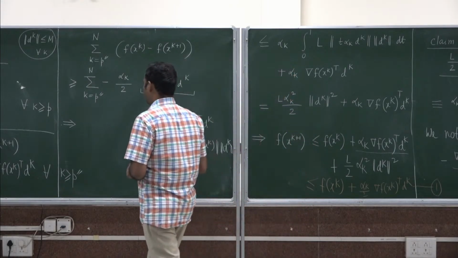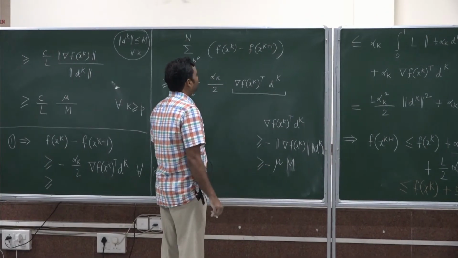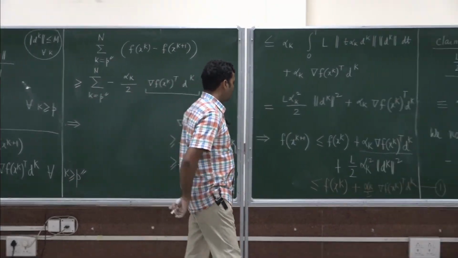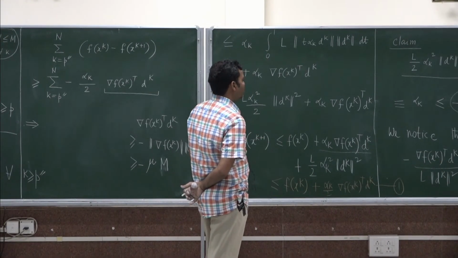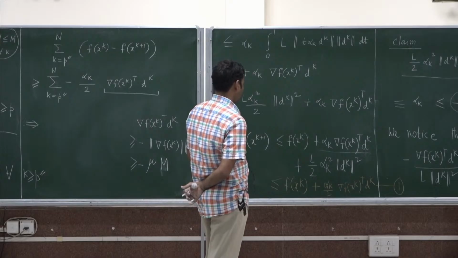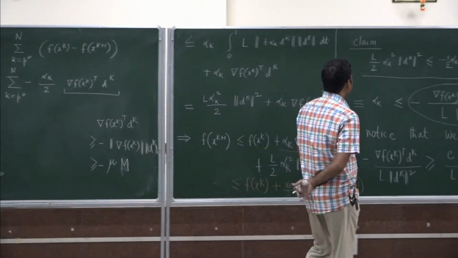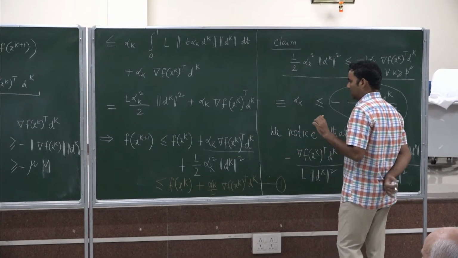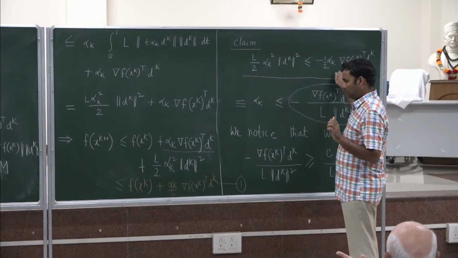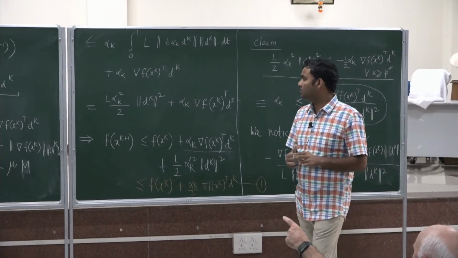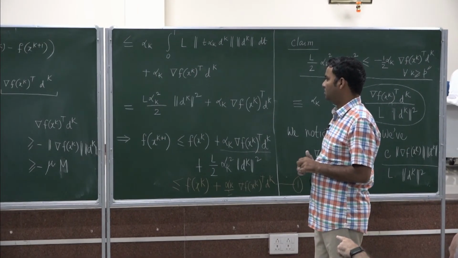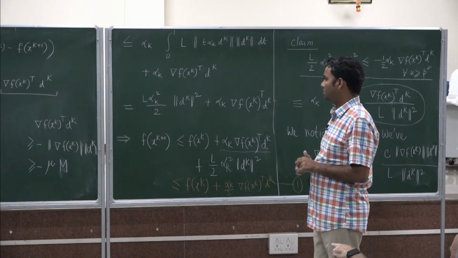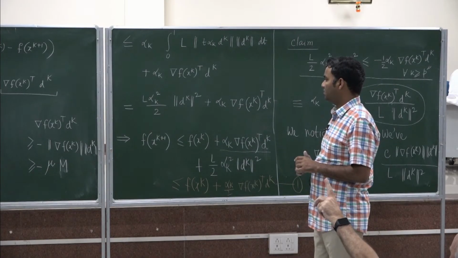Somehow I require this summation to be infinity, but here is a finite quantity. If I bring on the left minus alpha k times f at xk plus alpha k by 2 times L by 2, it is already because you replace what is underlined by minus mu m, and then let capital M go to infinity.